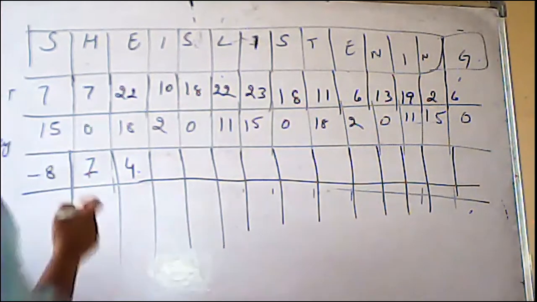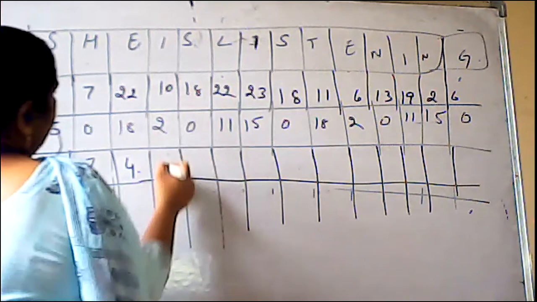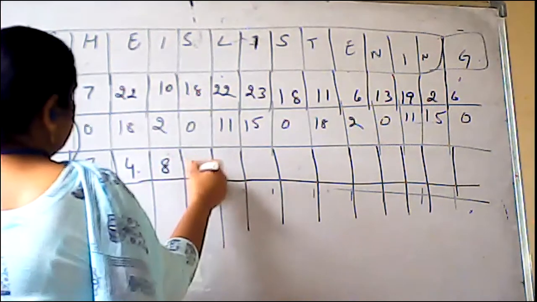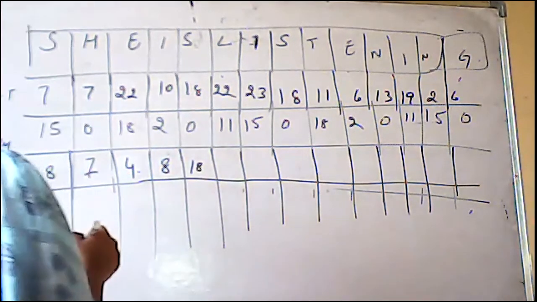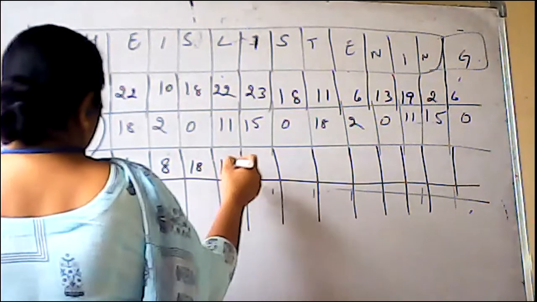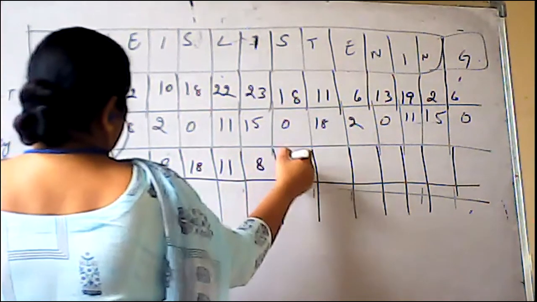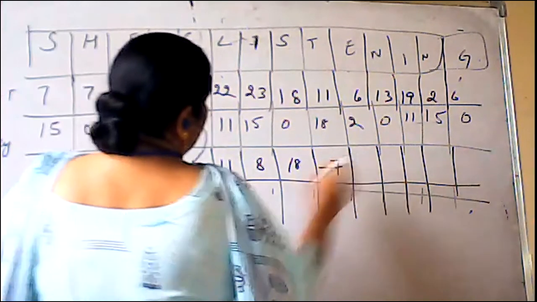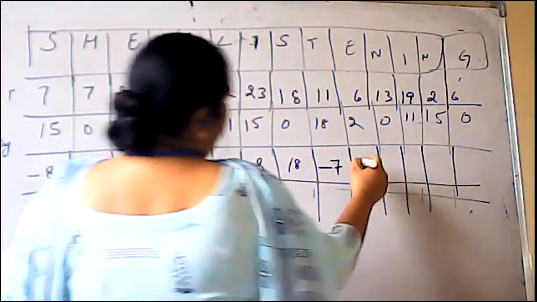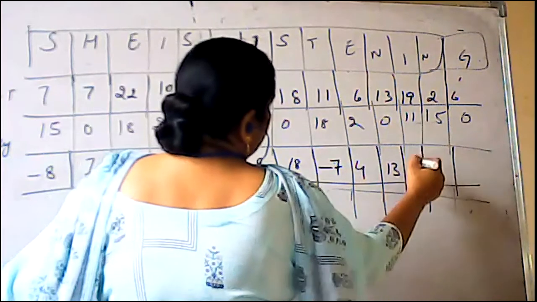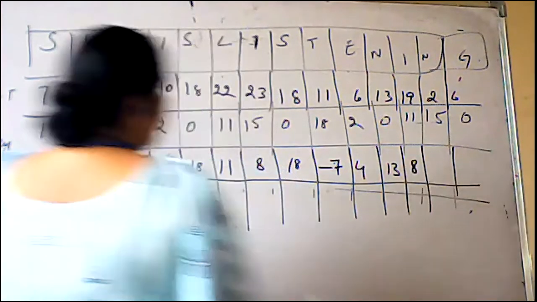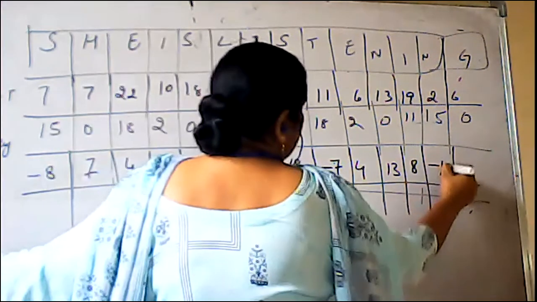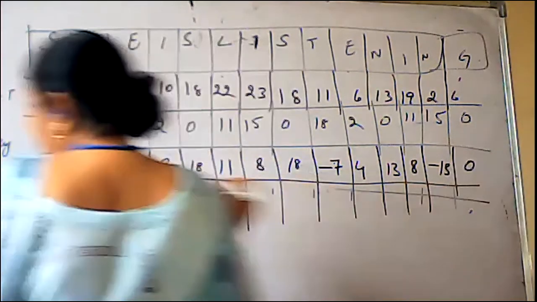So 7, 4. 10 minus 2 is 8. 18 minus 0 is 18. Then you will get 22 minus 11 is 11. 23 minus 15 is 8. 18 minus 0 is 18. 11 minus 18 is minus 7. 4, 13. 19 minus 11 is 8. 2 minus 15 is minus 13. And 6 minus 6 is 0.